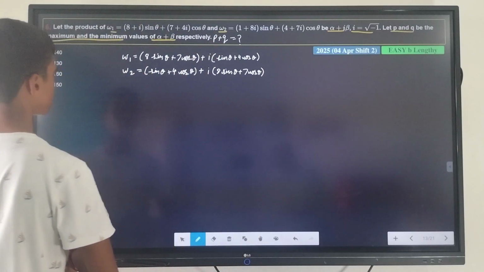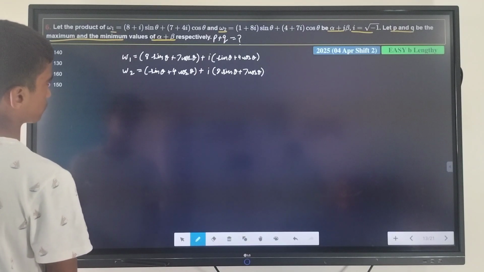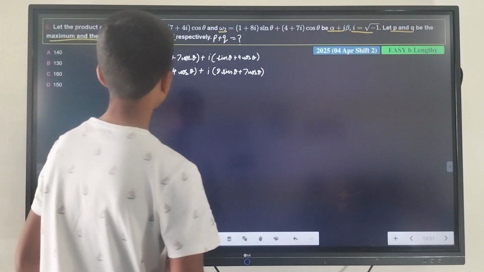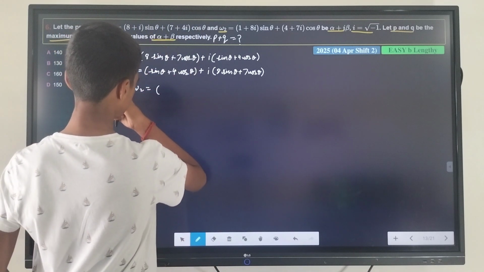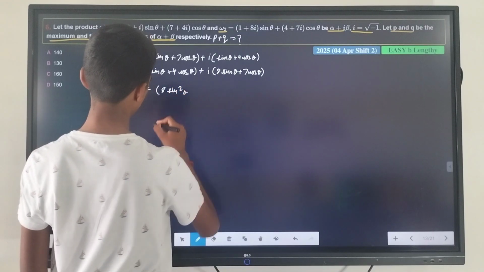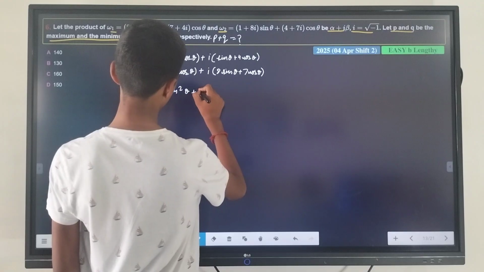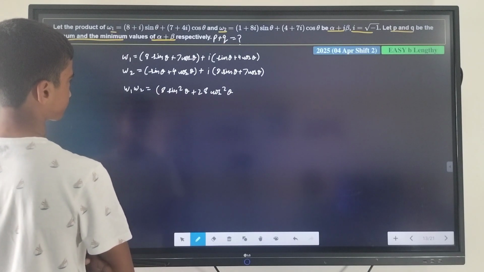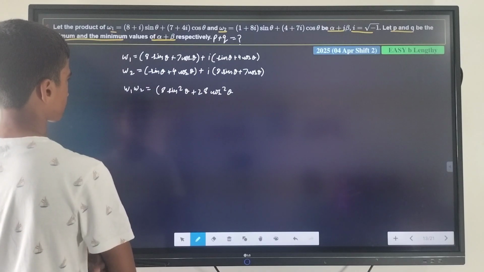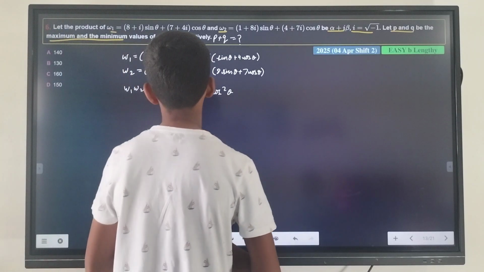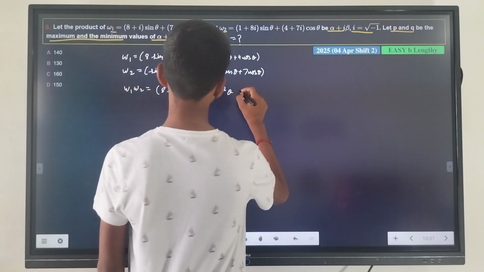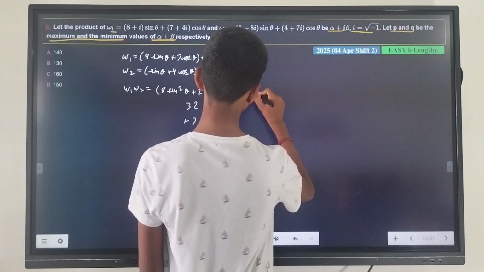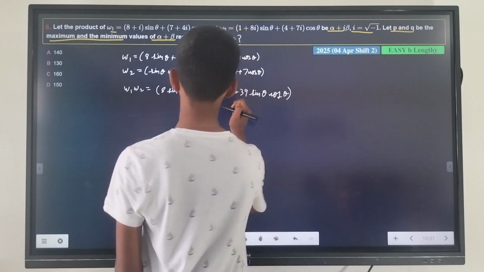Now omega 1 into omega 2 is equal to first real part, so this into this will be 8 sine square theta plus 28 cos square theta, then we will have 32 plus 7, which is plus 39 sin theta cos theta.